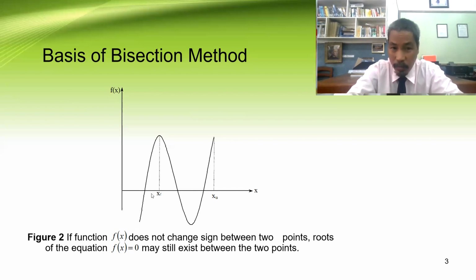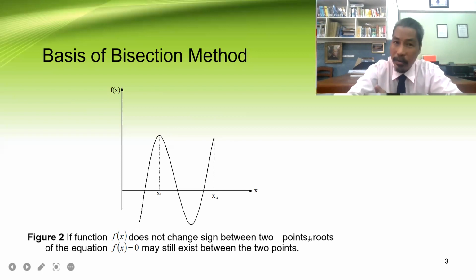We are not talking of the sign of XL and XU, which are both positive. We are talking of the sign of the function, the function at XL and the function at XU. Roots of the equation f(x) may still exist between 2 points.